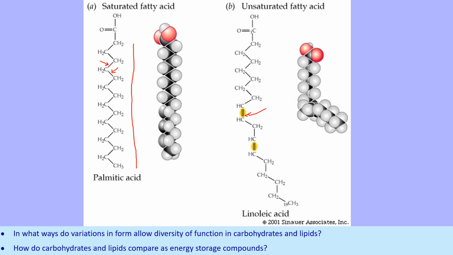That's going to be important when we talk about the fluidity of membranes at a later point. This kink in the tail means that the unsaturated fatty acids cannot get as close to each other, and that can cause the membranes to be more fluid, or more permeable, maybe a better way to say it for the moment.